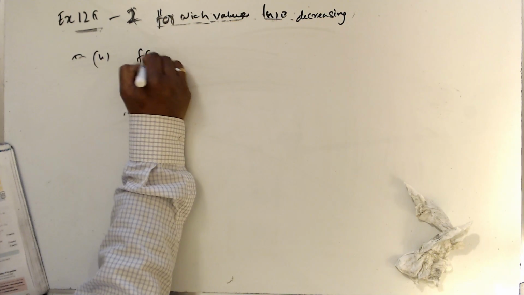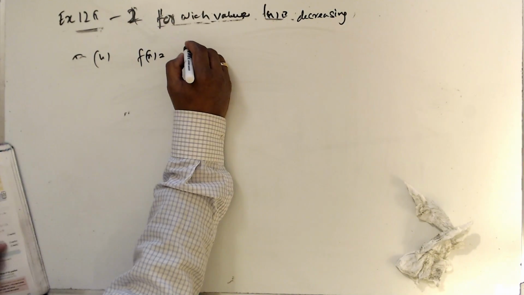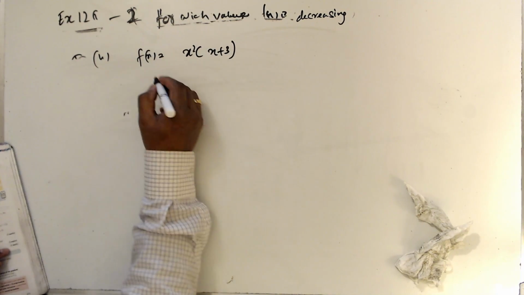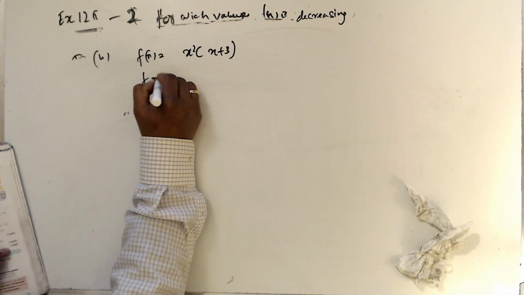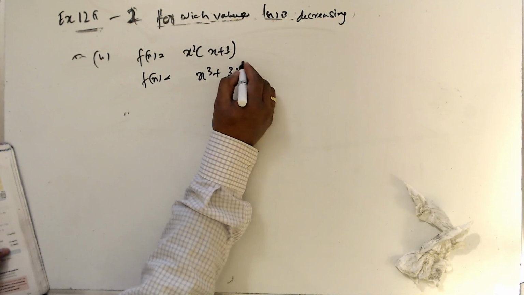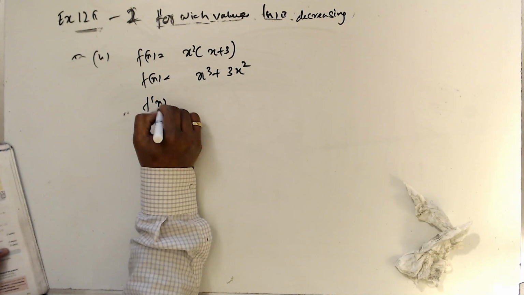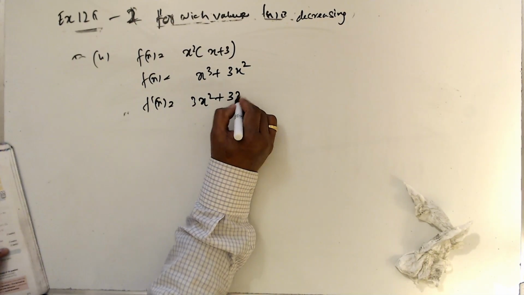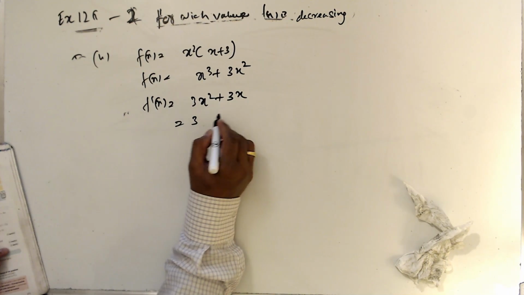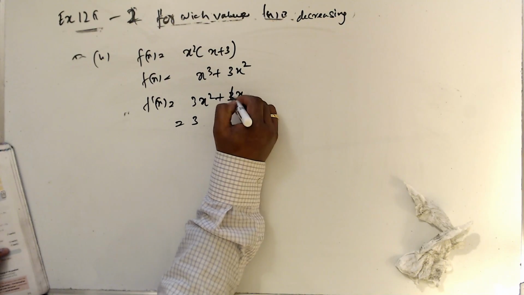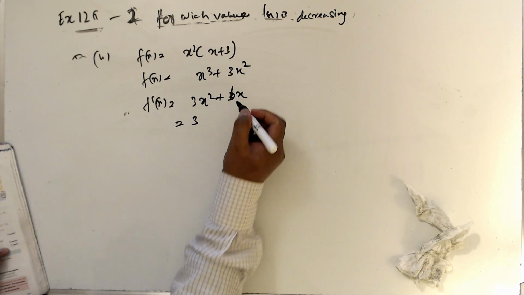f of x equals x cube plus 3x square. So f dash x equals 3x square plus 6x.